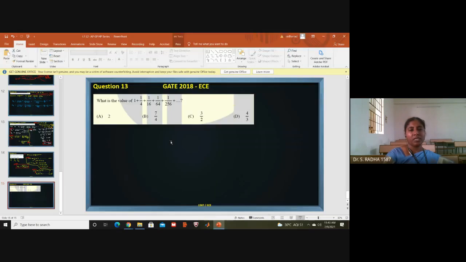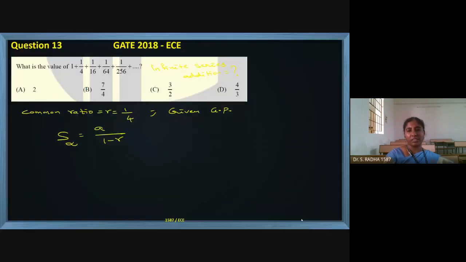Now we know that a value is nothing but the first term, and the r value we just identified, it is 1 by 4. Otherwise we have the formula for calculating r value. The first term is called a and r is nothing but second term by first term, where 1 by 4 is the second term, then third term, fourth term, fifth term, like that.